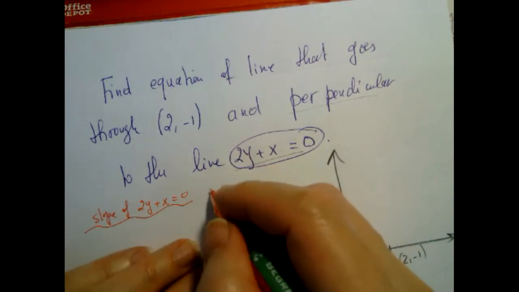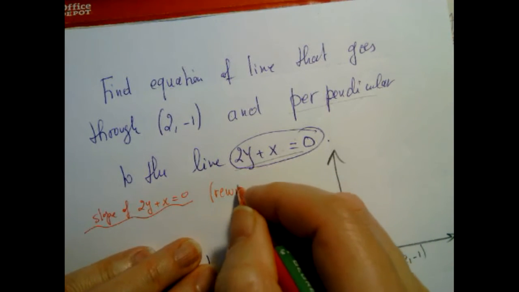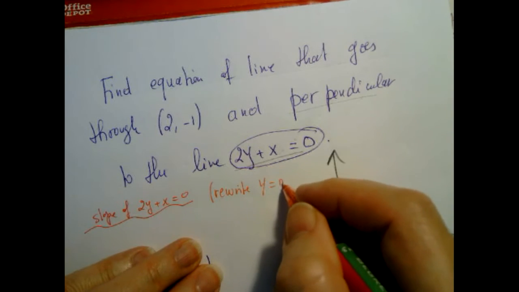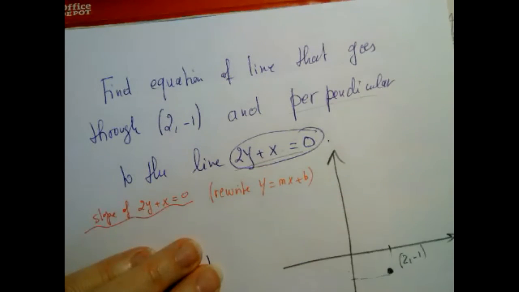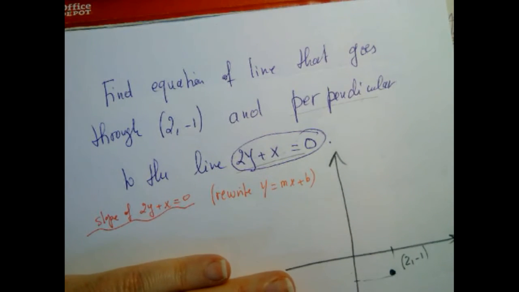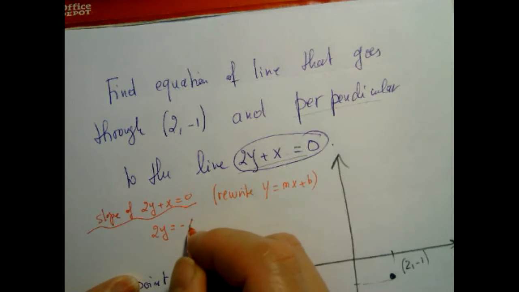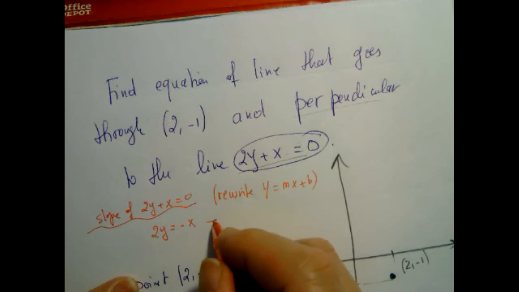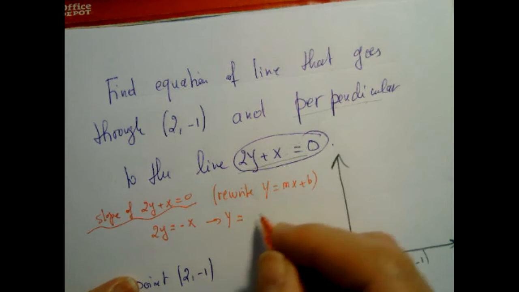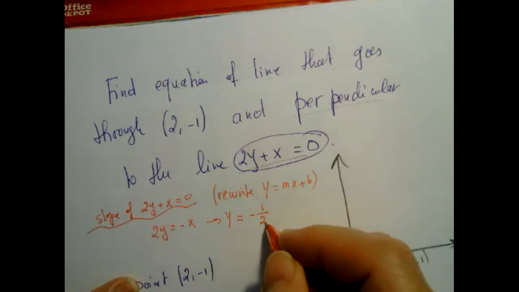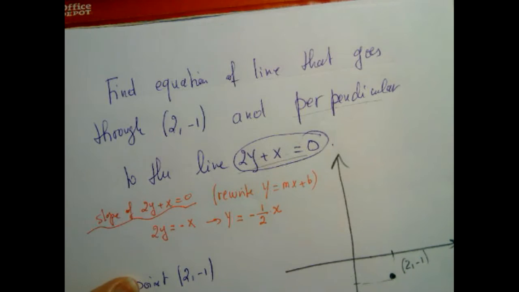Right, we have to rewrite it as y equals mx plus b. So it's going to give me 2y equals minus x, and y equals, divide by 2, minus 1 over 2 times x.